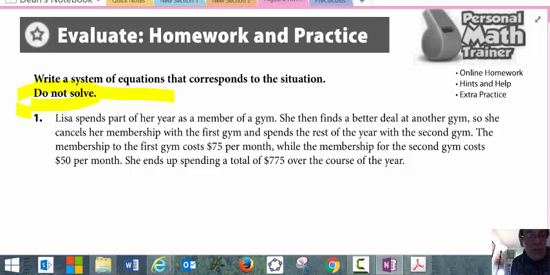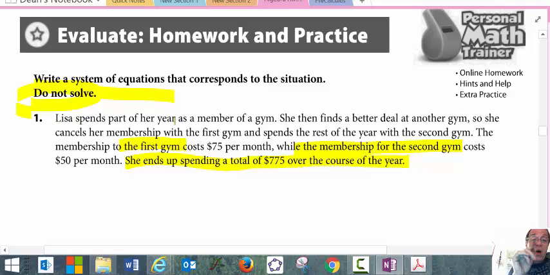So the question says Lisa spends part of her year as a member of a gym. And let's jump to the end and see what the question is. She ends up spending a total of $775, but what is the system asking us? I think it's asking us how many months we're at the second gym and how many months we're at the first gym.